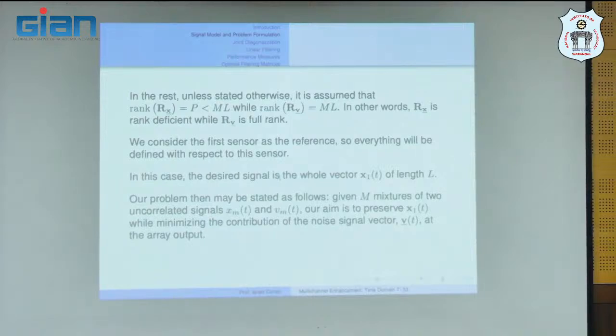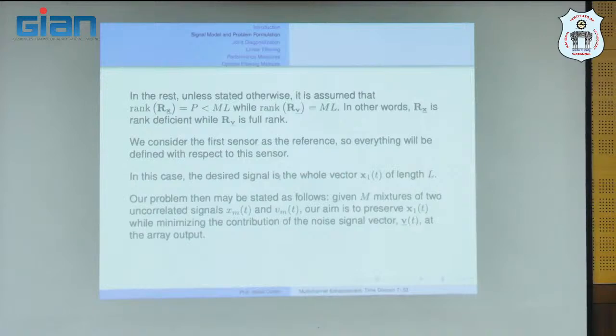Okay, so you remember that when the rank of Rx is smaller than full rank, we are able to reduce noise even without distorting the signal. This is important, just like MVDR. So we can minimize the noise under the constraint of distortionless response, which is nice. That's why this is important, that the rank of Rx is smaller than ML, is not full rank.